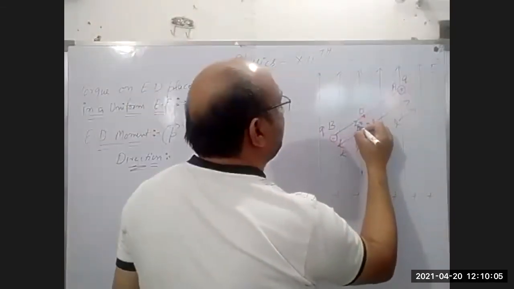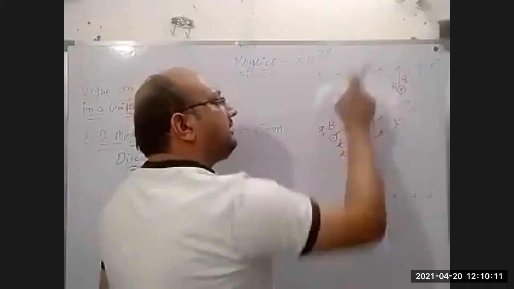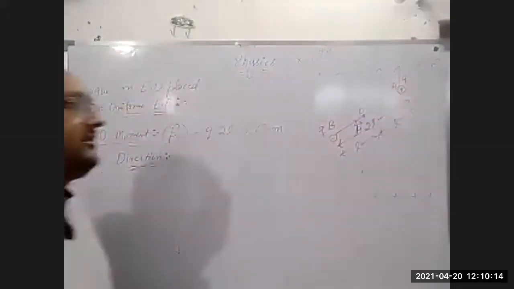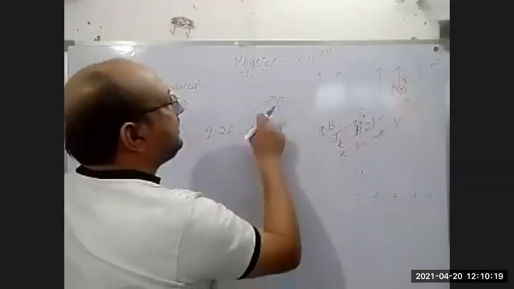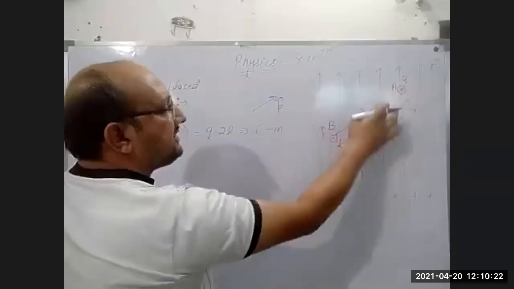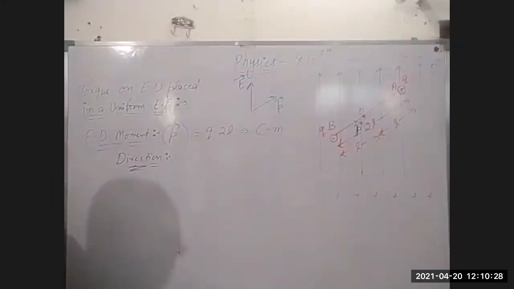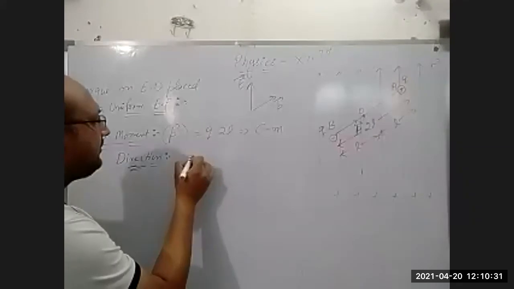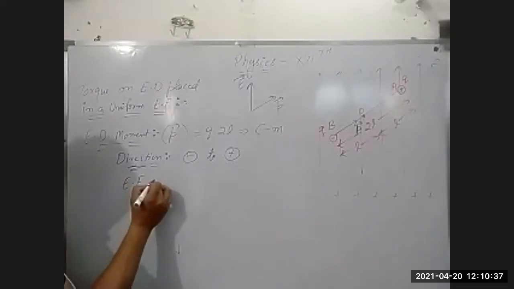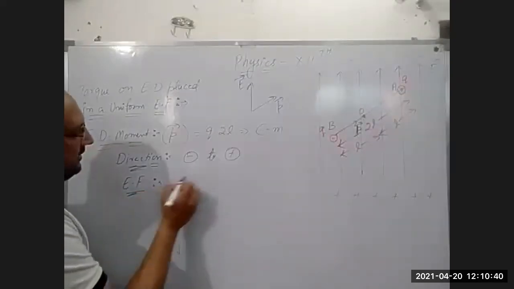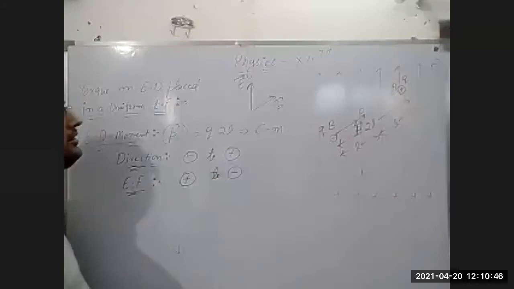Electric field is from positive to negative. Dipole moment is negative to positive. In this diagram, you can see the electric dipole moment in this way and the electric field in this way. Note it: dipole moment negative to positive, electric field direction positive to negative.